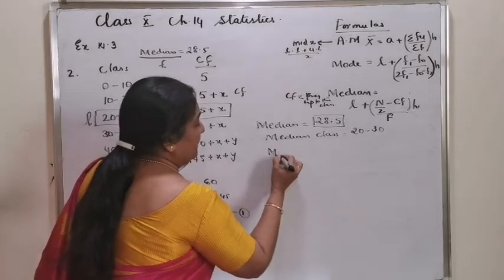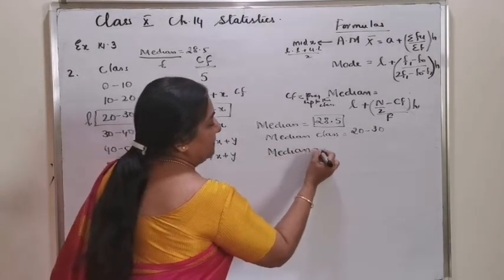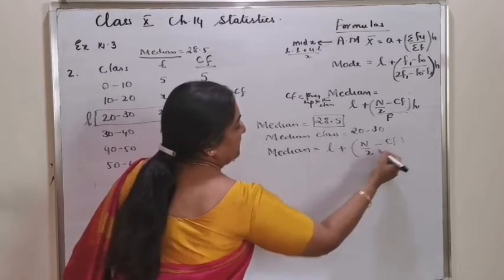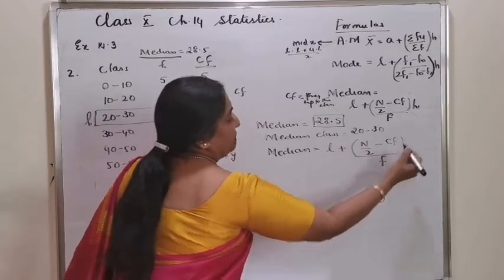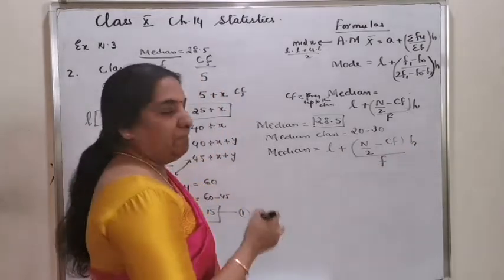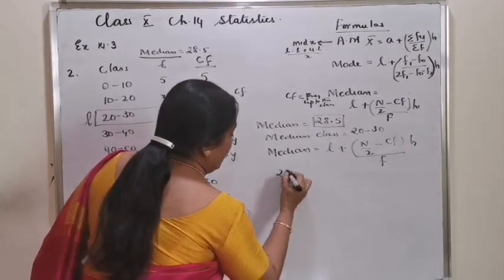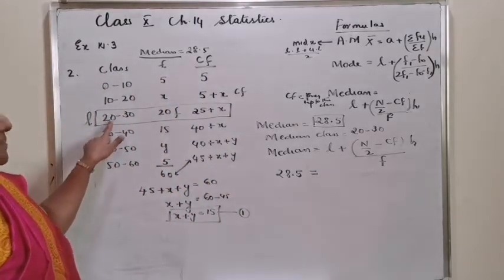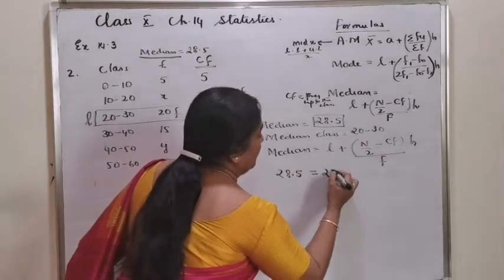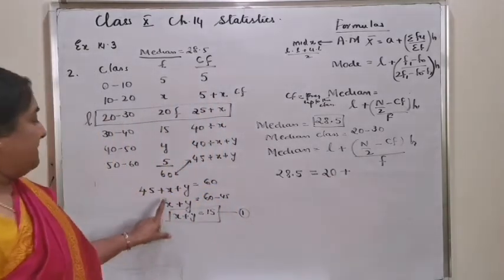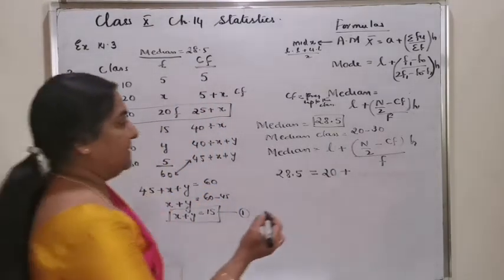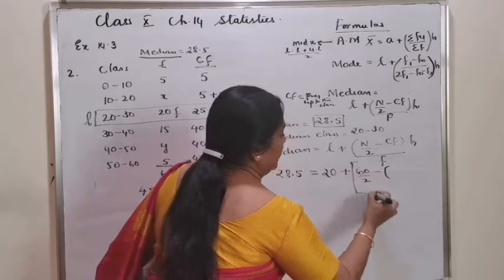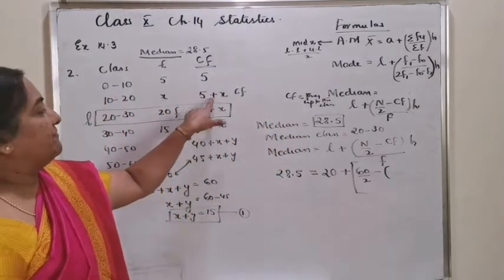Substitute in the formula. Median is equal to L plus (n by 2 minus cf) by f into h. Median value 28.5 is equal to lower limit 20 plus n by 2, which is 60 by 2, minus, the cumulative frequency here is 5 plus x.